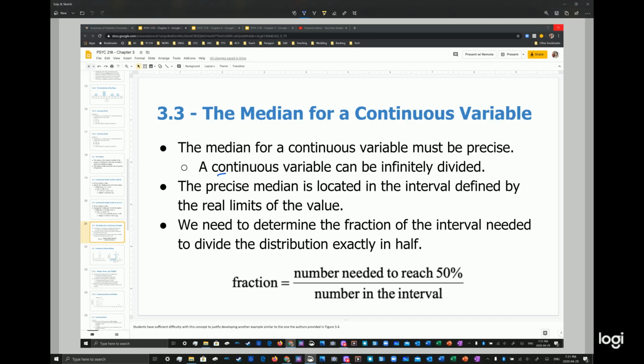Because the continuous variable can be infinitely divided, the people that actually score those values may not necessarily score on those rounded middle numbers. So for example, we use height again. It could be 149, 150, 151.